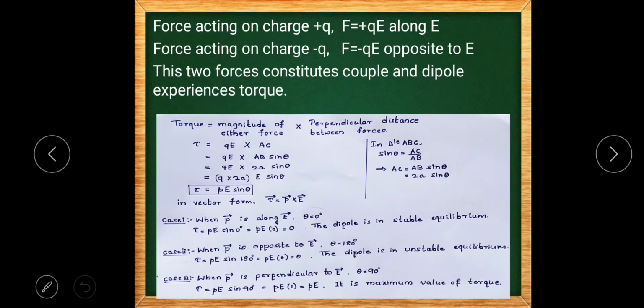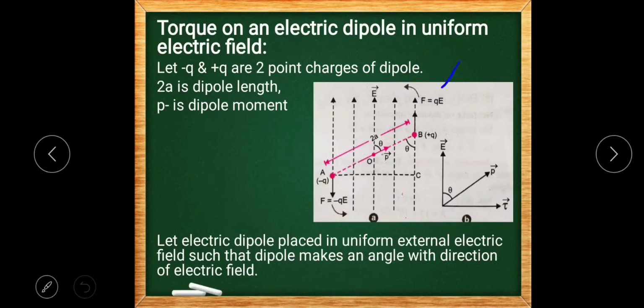Hence, force equal to charge into electric field intensity. In the diagram it is shown by this one. It is a positive charge, hence the force is acting along the direction of the electric field.